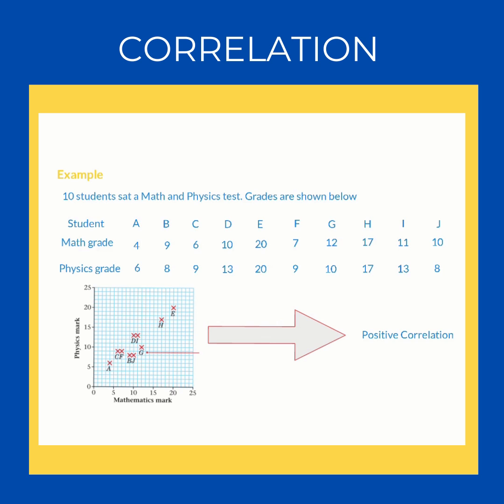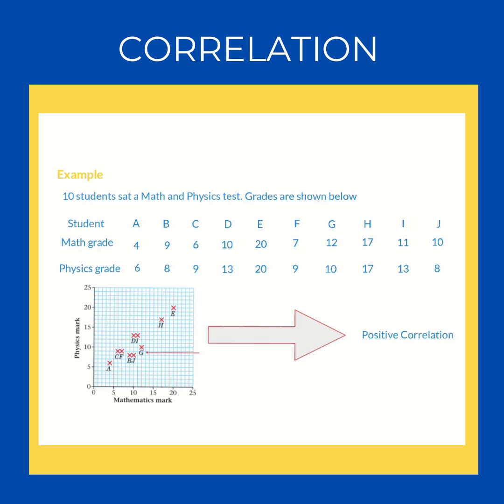Then, after I plot all the points, I need to find the correlation between the math and the physics grades. So let's look at the drawn scatter graph.